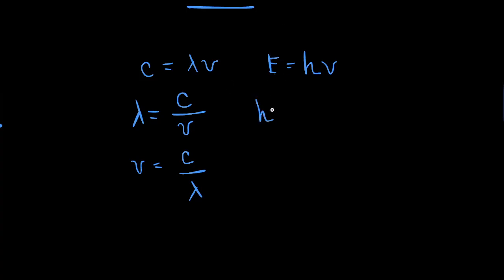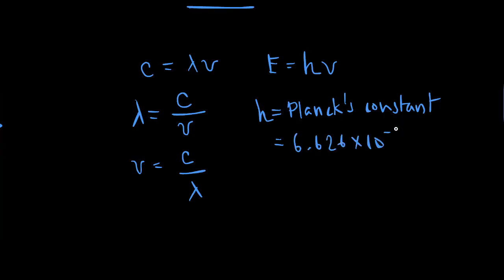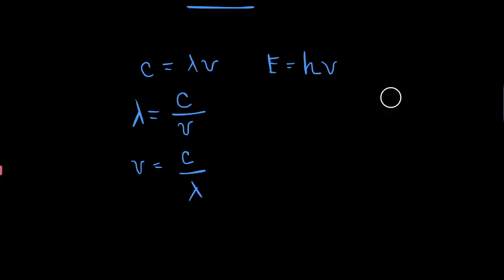H, just as a quick reminder, is Planck's constant, which is equal to 6.626 times 10 to the negative 34 joules per second. And again, nu still represents frequency.